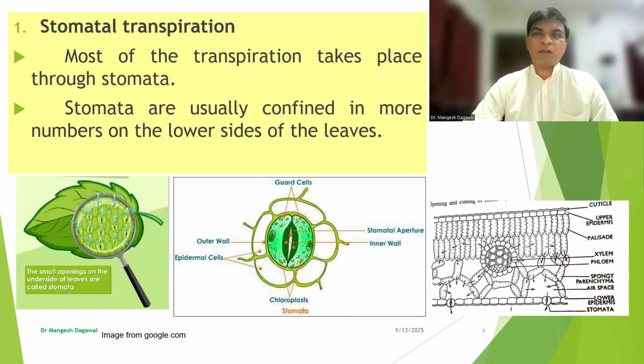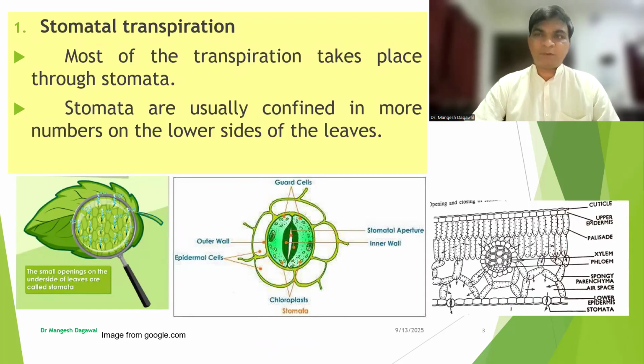The first one is stomatal transpiration. Stomatal transpiration means that most of the transpiration takes place through the stomata, when the water is lost in the form of water vapors through the stomata.